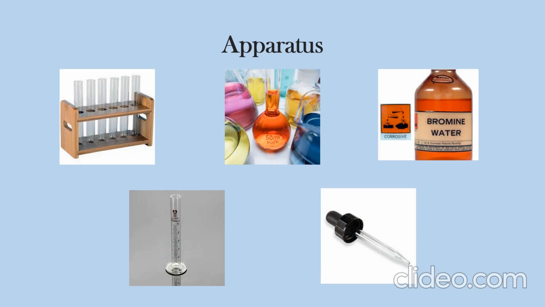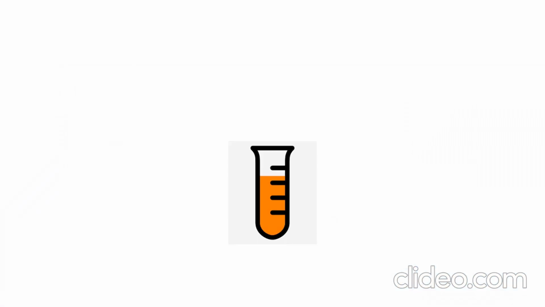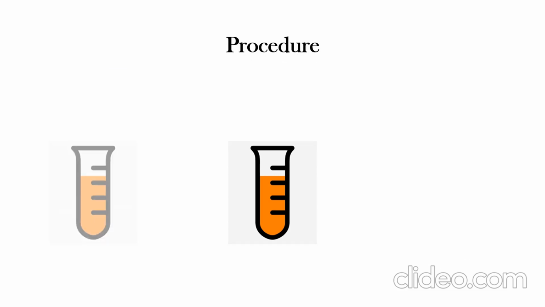And the last one is a dropper, to add the bromine water to the sample in the test tubes. After setting up all the apparatus, we move towards the procedure for performing the bromine water test. In the first step, we take bromine water in the test tube, or we can take the bromine water in the dropper.